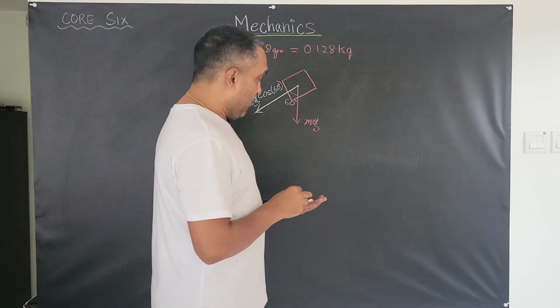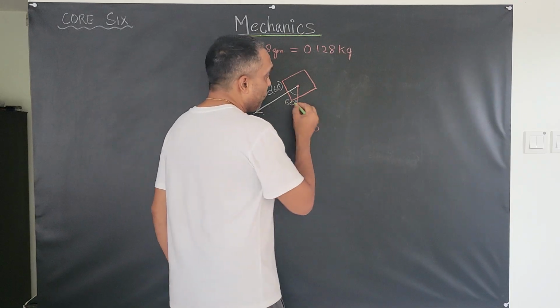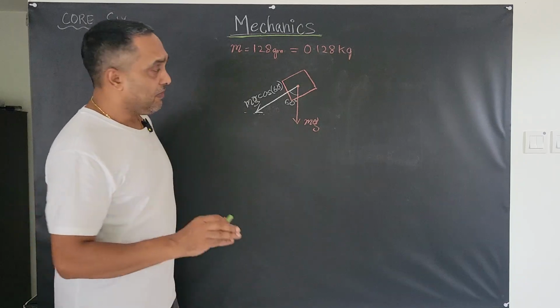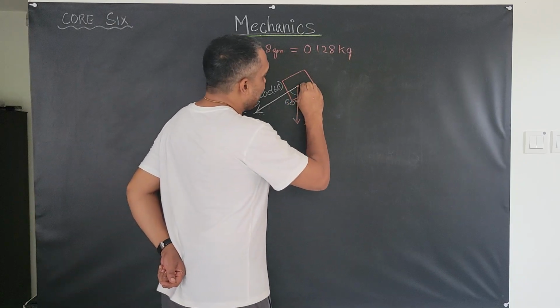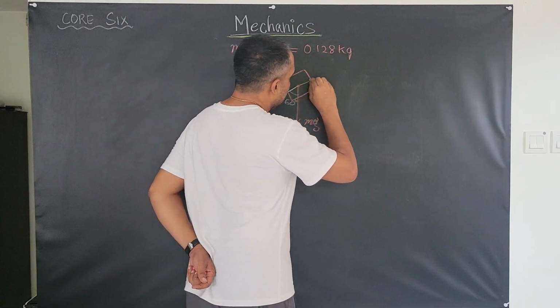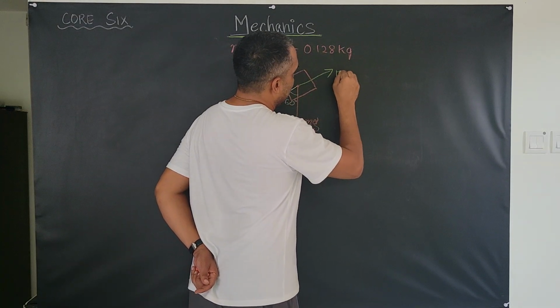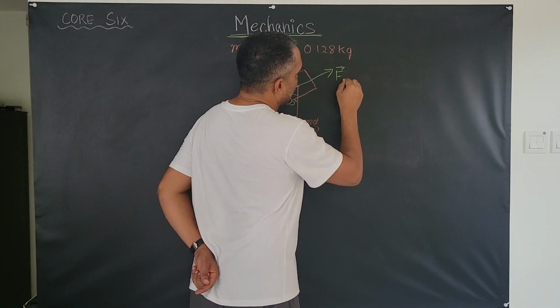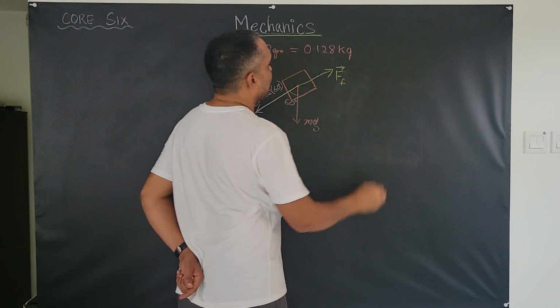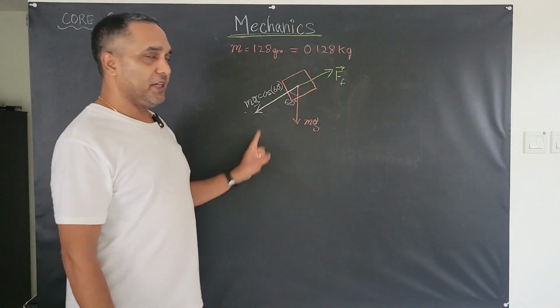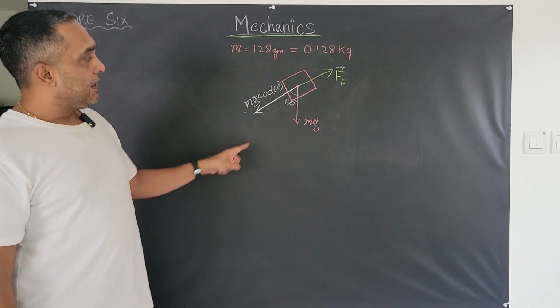And we also know that there is a reactive force. And again, when we studied vectors, I'm going to draw that here, acts along the plane, and that's the frictional force. What is the frictional force holding this box in place?